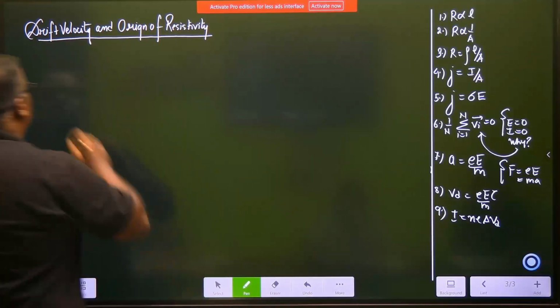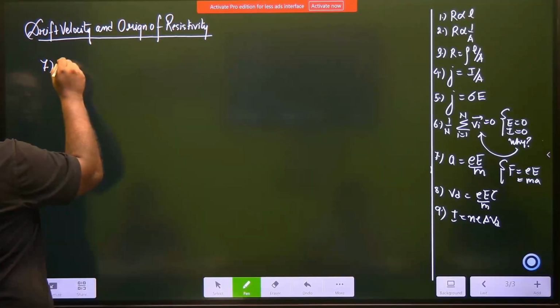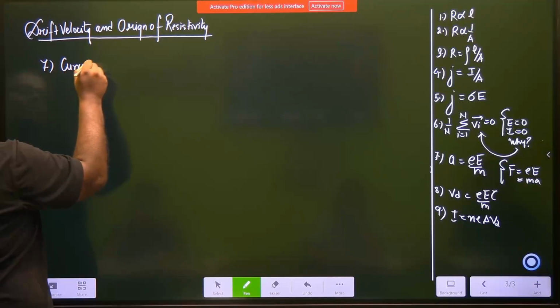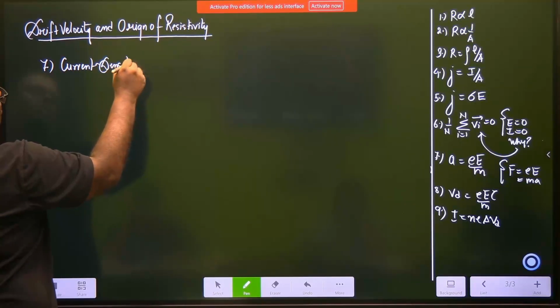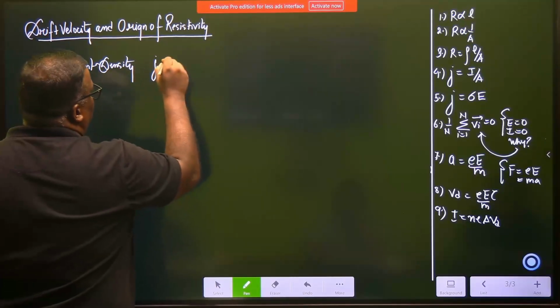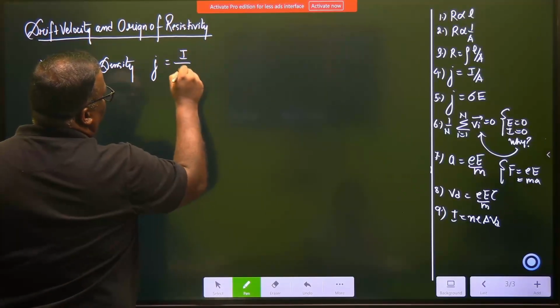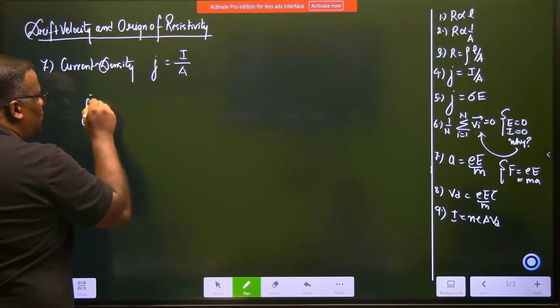Point 7, let's see current density. Current density J was given as I upon A. So what is the value of J, children?